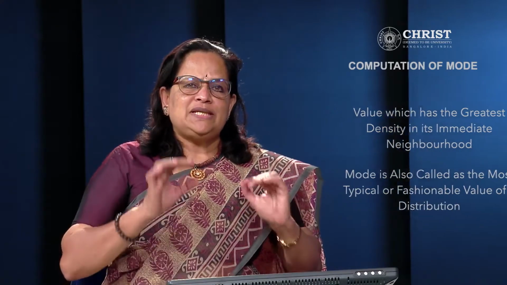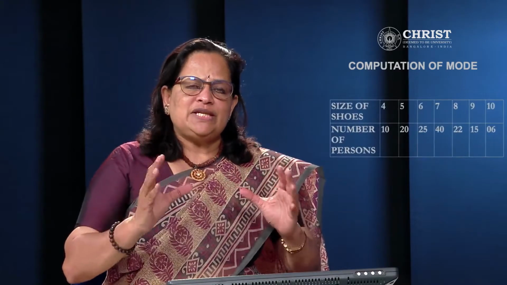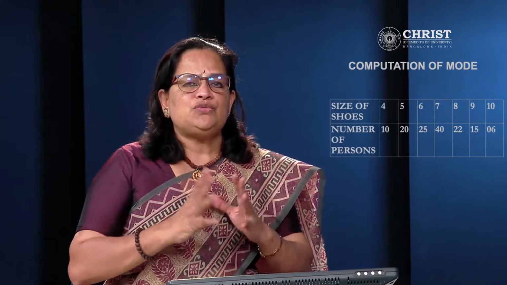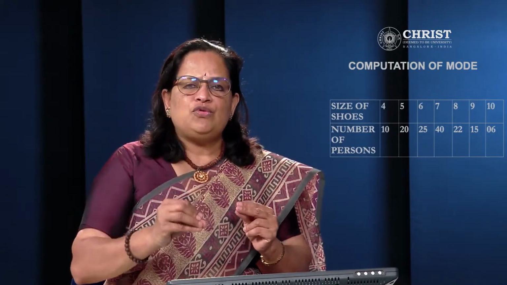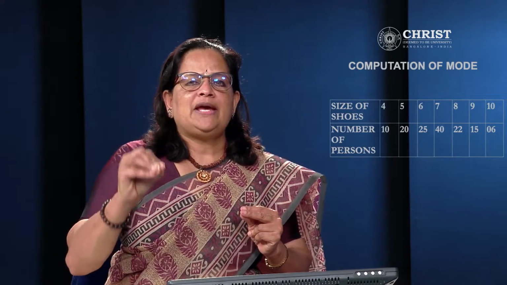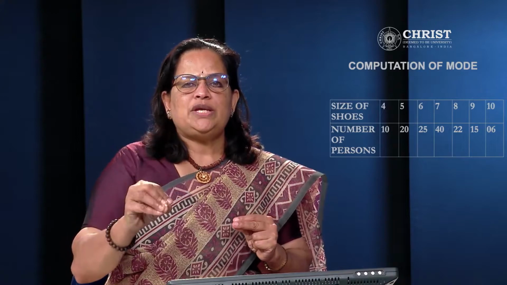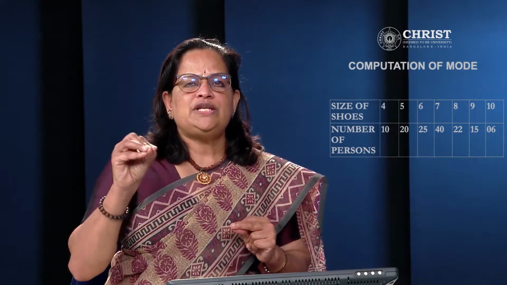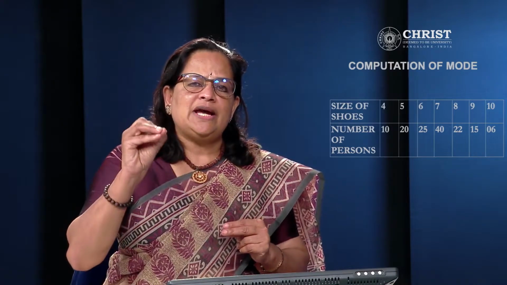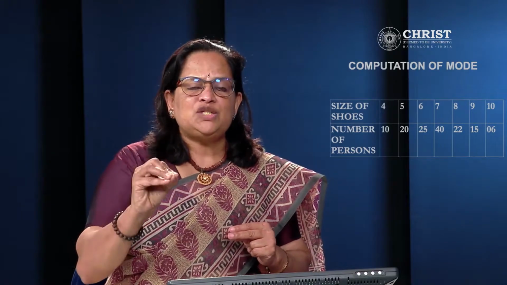Now we will see how we do this. Just one simple example: size of shoes, values 4, 5, 6, 7, 8, 9 and 10. Number of persons: 10, 20, 25, 40, 22, 15 and 6. The highest frequency is against 7, that is 40.